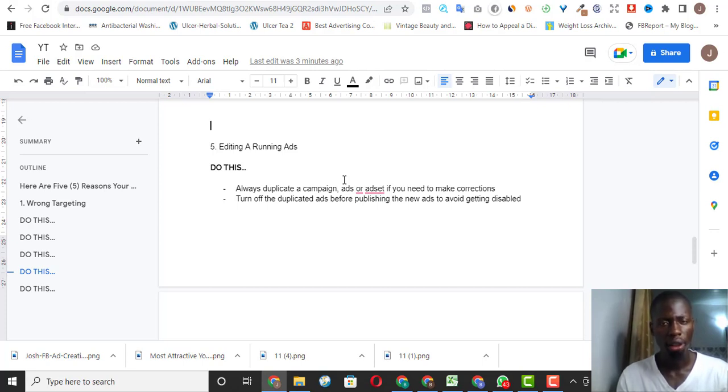Once you duplicate it, turn on the duplicated one, and edit and correct everything you need to, then hit publish on that new campaign, new ads or new ad sets. Once you do that, you are going to be able to get your ads published and running in no time. So this is basically what you can do to avoid getting your ads account disabled.